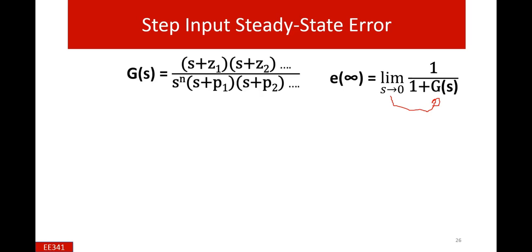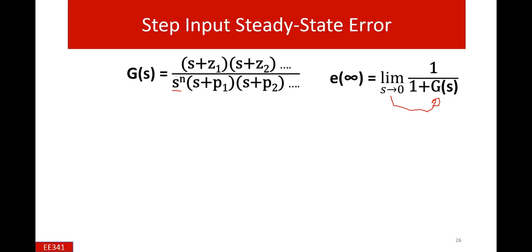For example, if we have an open loop transfer function like this one, this form represents the positions of the poles and zeros. If we factorize the numerator and denominator terms, s raised to power n represents the poles at the origin, which is simply the integration part in the open loop, forward feedback transfer function.